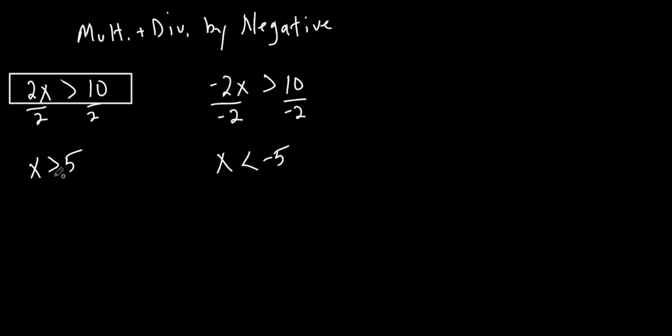Pick a number, not a crazy big number, a nice little number that's bigger than 5. 8? Okay, let's put an 8 in here. 2 times 8 is what? 16. Is 16 greater than 10? Yes, it is. You can pick any number that's bigger than 5. Pick 6. 2 times 6 is 12. Is 12 bigger than 10? Yes, it is. All right, so that works.